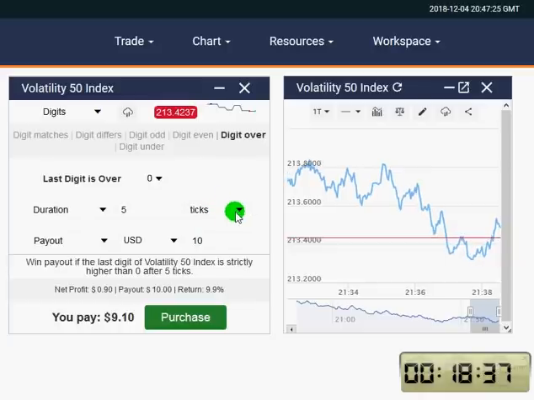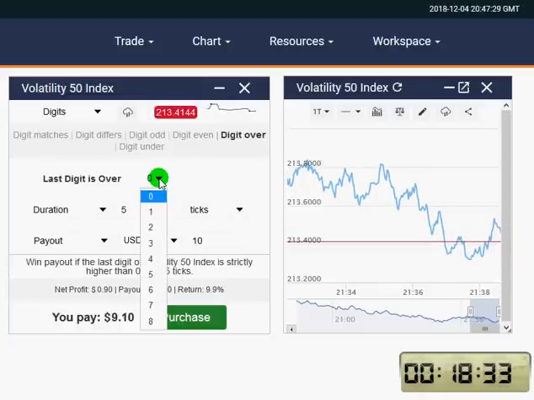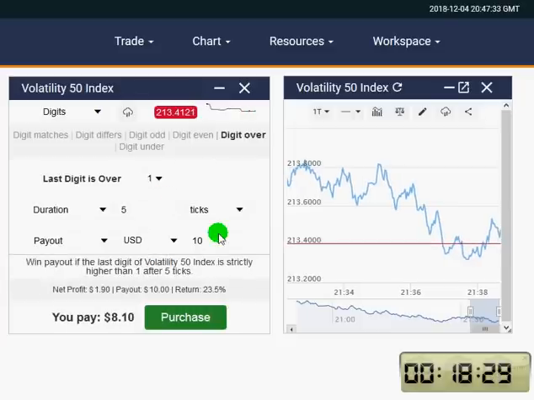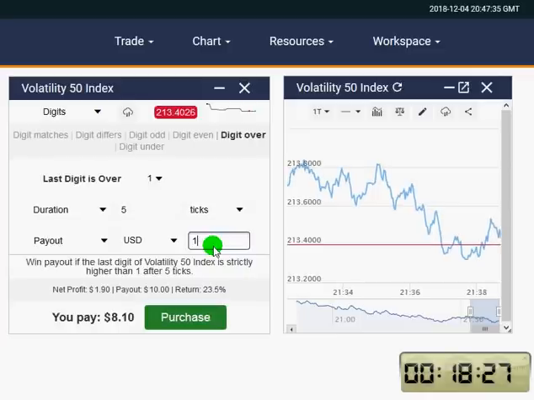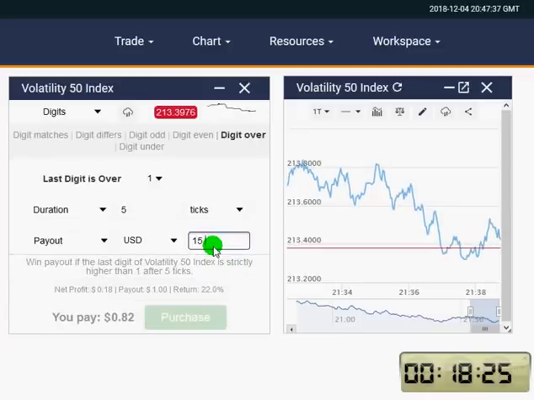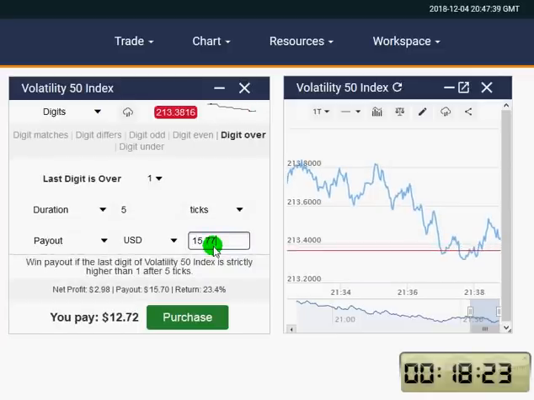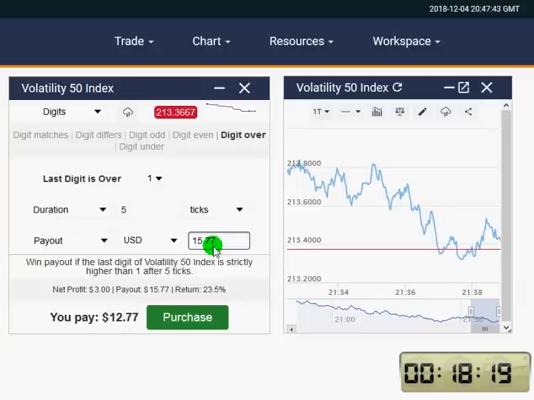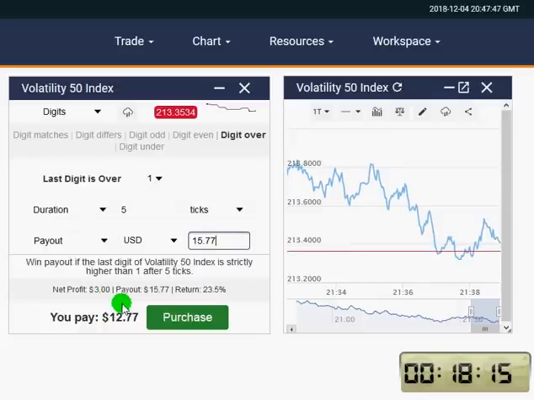So here we change it to ticks, 5 ticks. Then we change this last digit to 1. So here I'm going to be staking 15.77 because we're going to make 30 USD in this trade. We're going to trade 10 times. So we're going to make 3 USD in each trade.